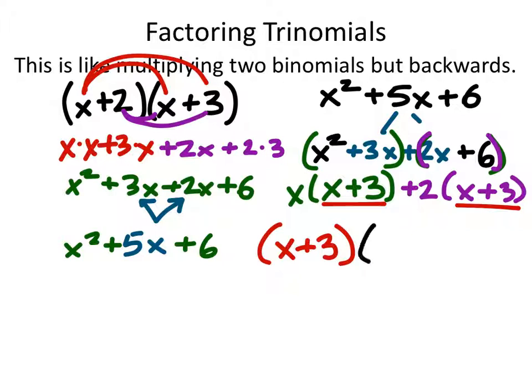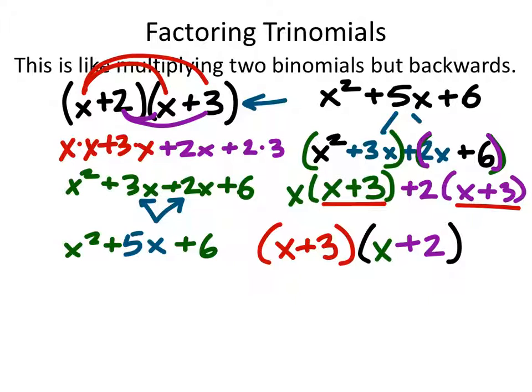Well, then we just multiply the expression by whatever was left over from the two terms, and that was the x and the positive 2. Well, it's in a different order, but see how we got the same thing from back here? So it not only works forwards, which we would consider the multiplying, but it works backwards with the factoring as well.